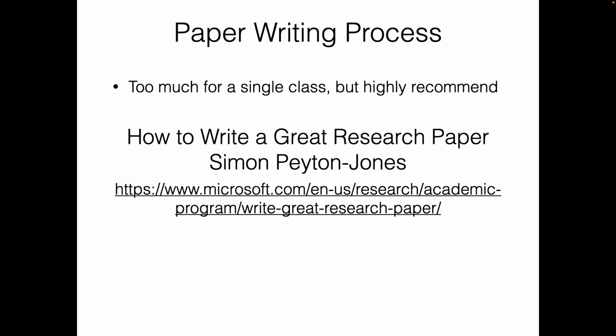When I was getting ready for this lecture, I thought I would have time to go into it in detail, but like it says here, it's too much for a single class. But it's really, really good. This researcher, Simon Peyton Jones, has this talk and there's a PDF of the slides on tips for writing a good research paper, also giving a good research talk, and I highly, highly recommend it.